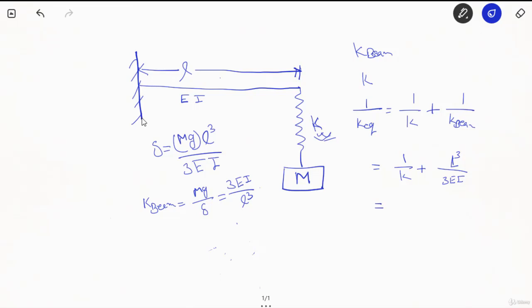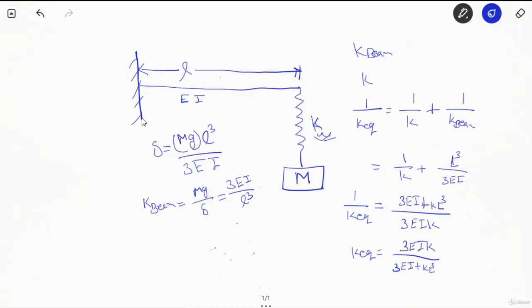Upon solving, we will get 3EI plus K L cube over 3EI K, which is equal to 1 upon K equivalent. So therefore our K equivalent is 3EI K divided by 3EI plus K L cube.